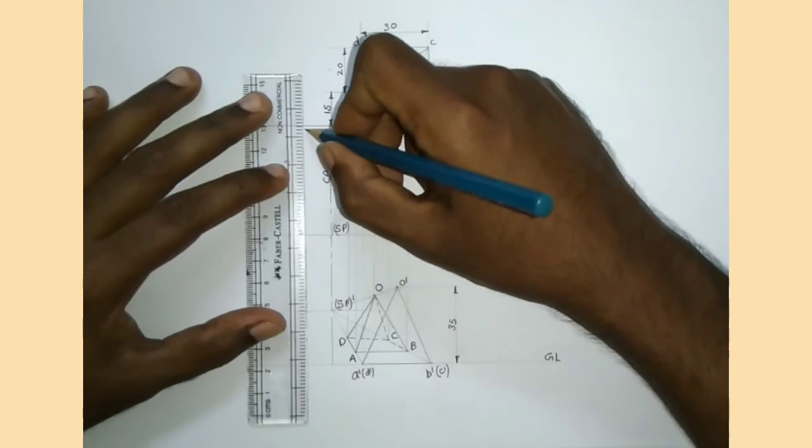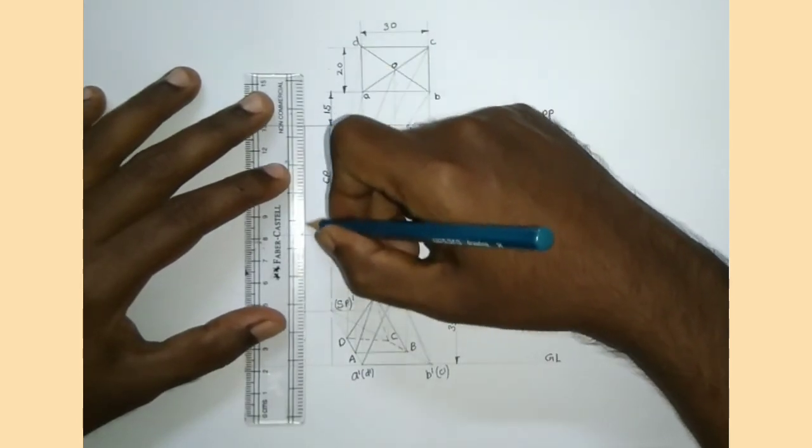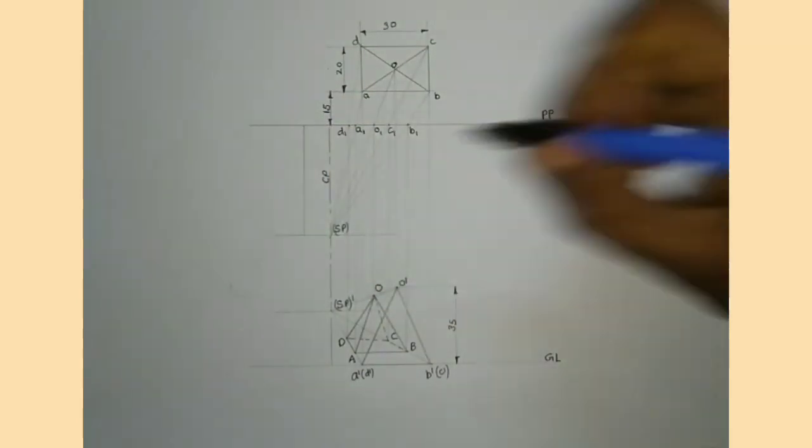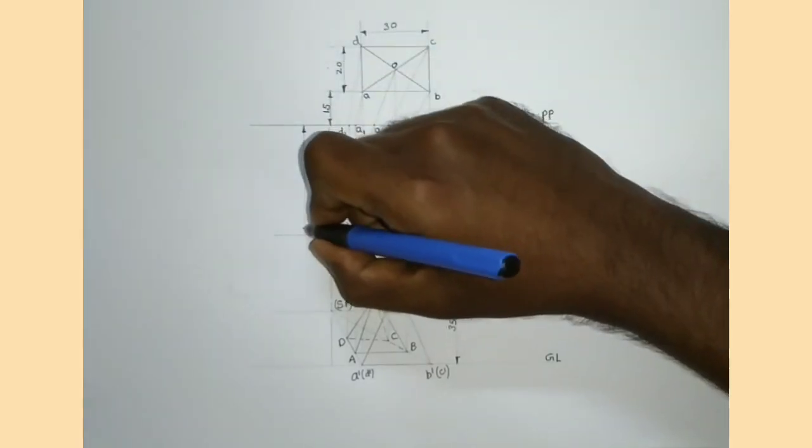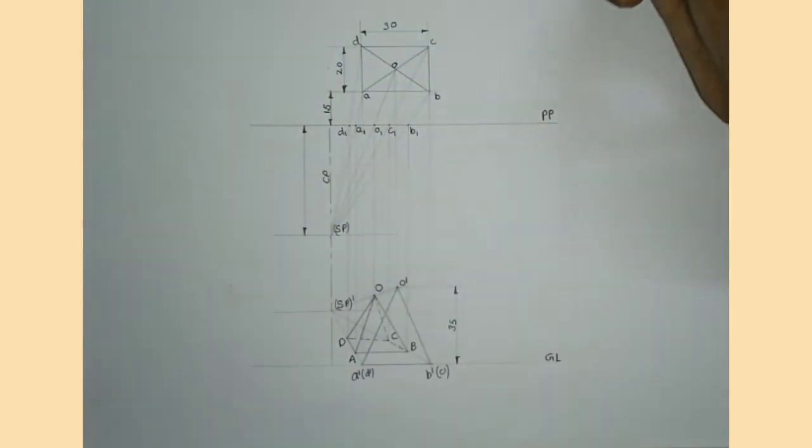I am also marking the distance of the station point from the picture plane and from the ground line, which are 50 mm and 25 mm respectively.